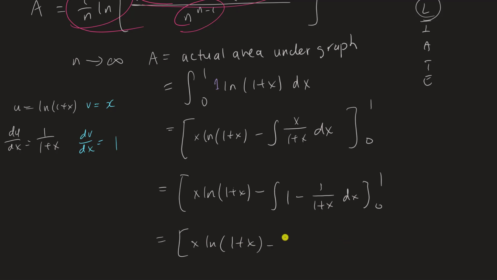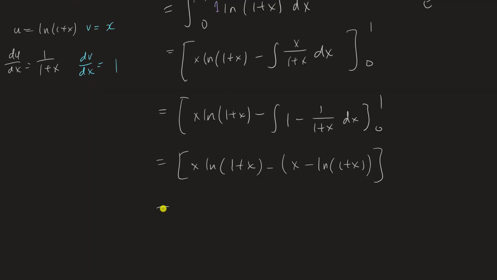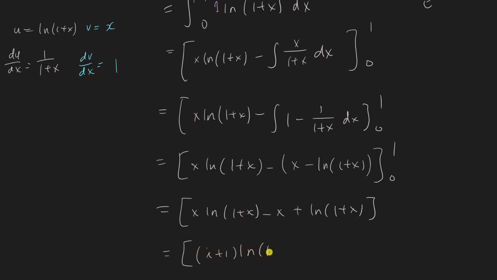Solving this will give you x minus ln(1 + x). And if we were to clean this up, expanding the brackets within, we will get x ln(1 + x) minus x plus ln(1 + x). Factorize out the ln(1 + x), we will get (x + 1) ln(1 + x) minus x from 0 to 1.